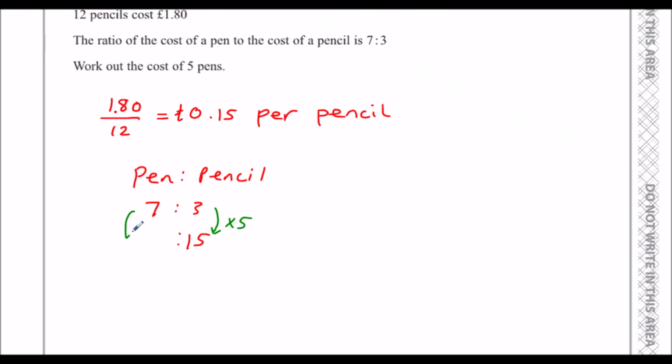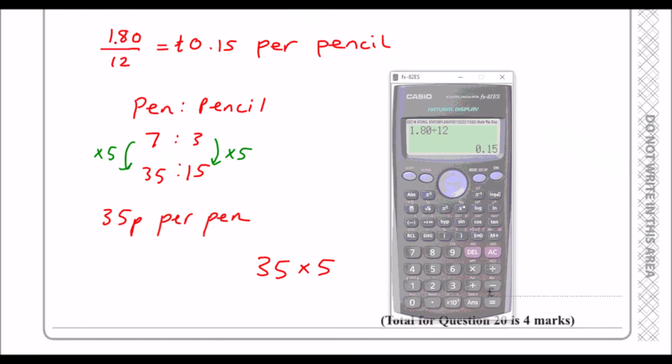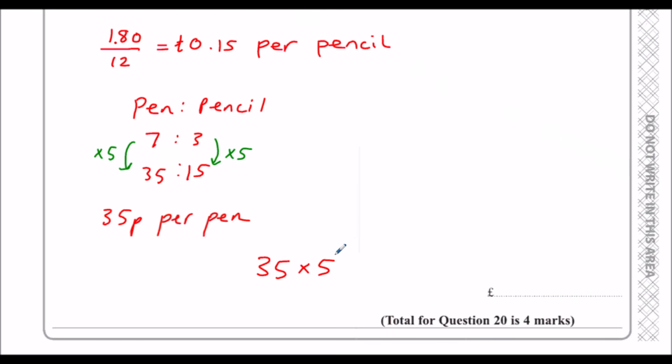So we'll have to multiply the 7 by the same thing. And 7 5s are 35. So it's 35p per pen. We want 5 pens. So 35 times 5 is 175. That's 175p. So £1.75.